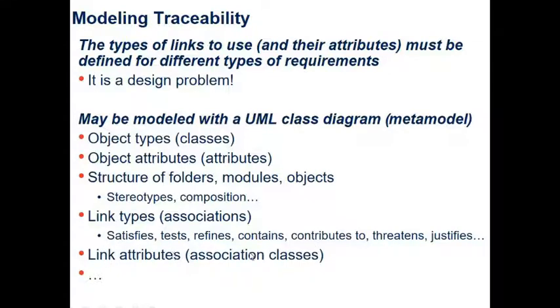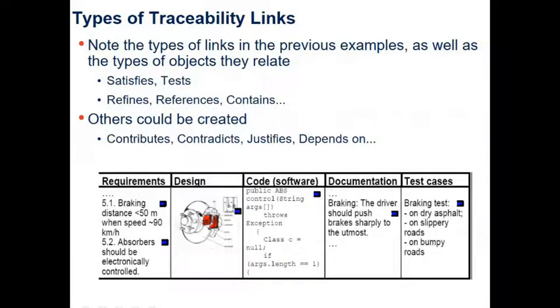You have link attributes. Okay, the types of traceability links. Note that the types of links in the previous examples, as well as the types of objects they relate, like satisfies or tests, refines or references or contains. Others could be created like contributes, contradicts, justifies, depends on.